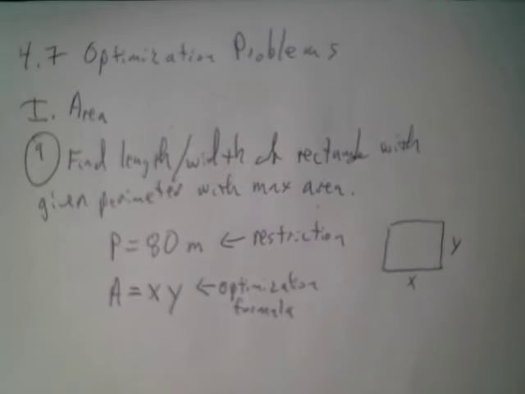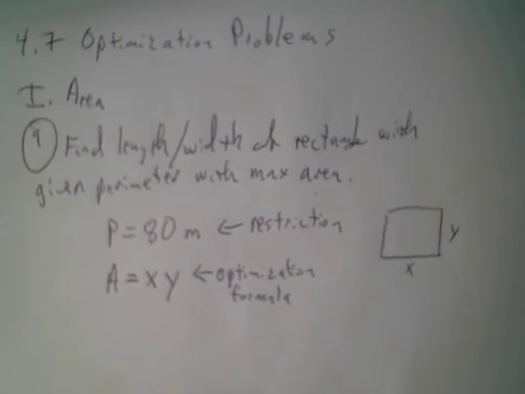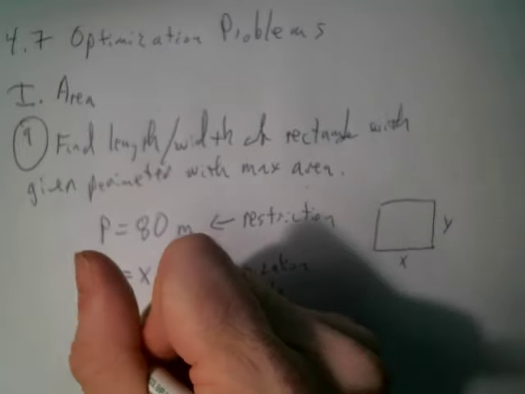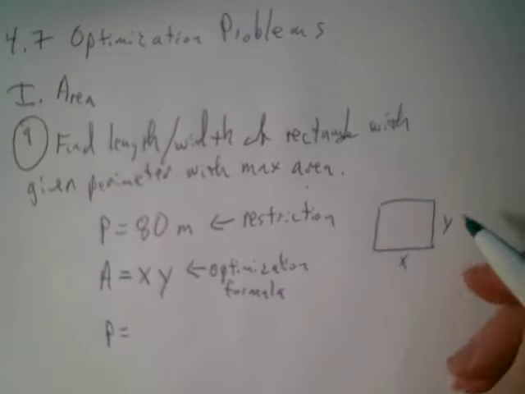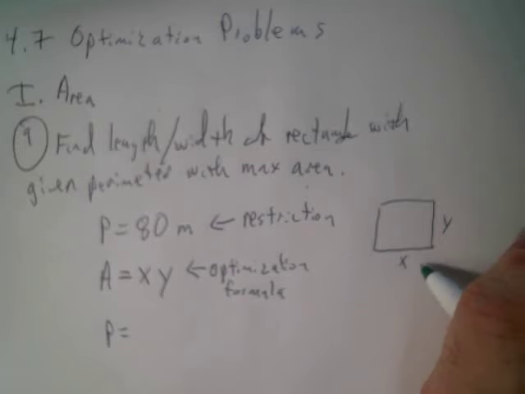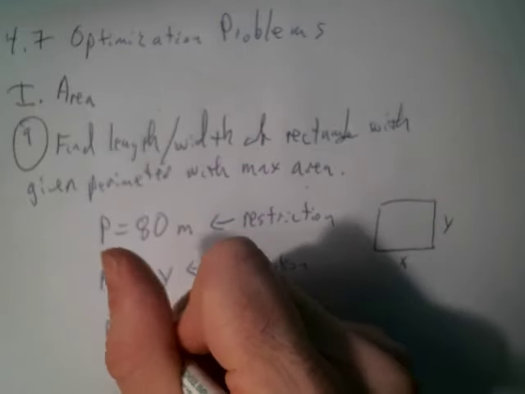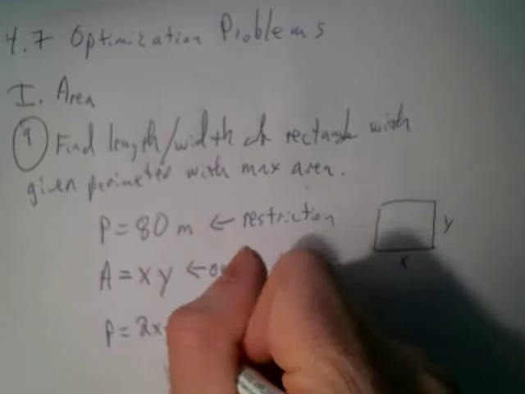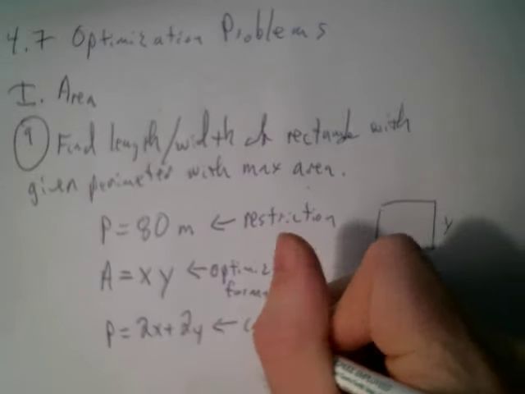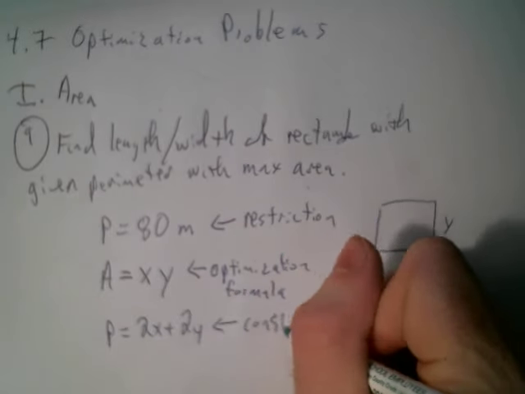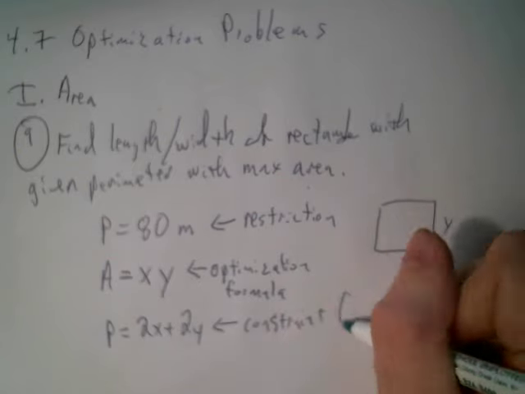Then you're going to have a constraint formula, which is the perimeter formula. And we know perimeter is 2 times x plus 2 times y. So this is a constraint formula.